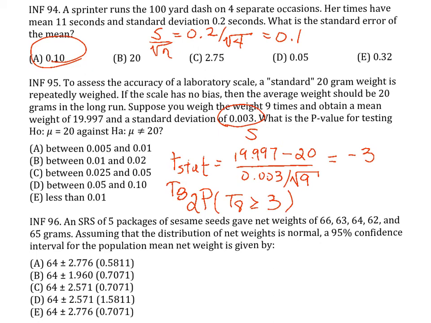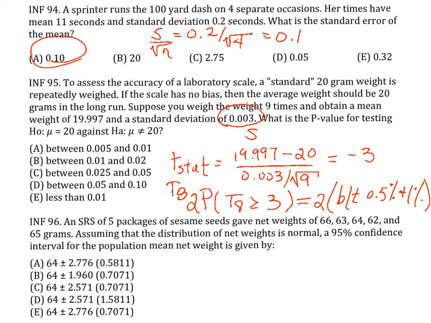Because we got a -3, but it's symmetric, with one tail left of -3 or right of +3. So I'm going to go this way since the t-table works on the right side. And what do I get? So this is going to turn out to be 2 times something between 0.5% and 1%.